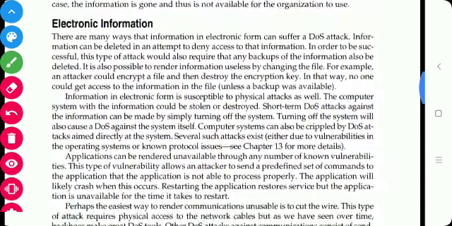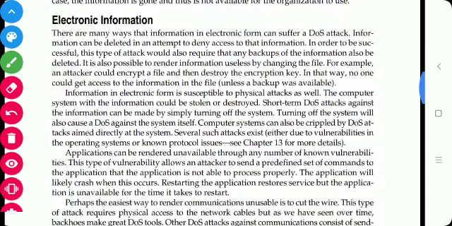Then electronic information. There are many ways in which information in electronic form can support the DOS attacks. In this, the information is deleted from the place where it is stored, or it is modified, or some viruses are inserted into the information, so that it is not usable to the legitimate users.